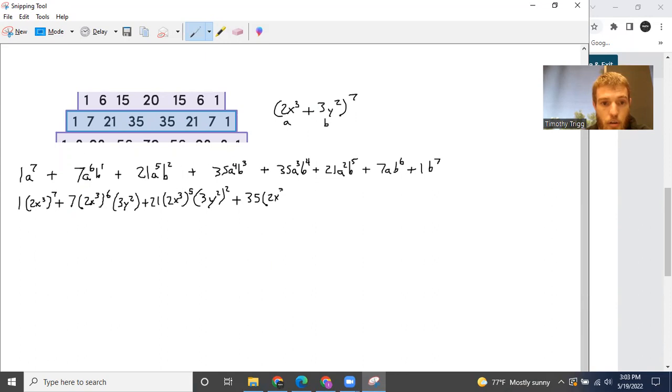2x to the 3rd to the 4th. b is 3y squared to the 3rd. Kind of getting off base here, but this one is this one. Okay.